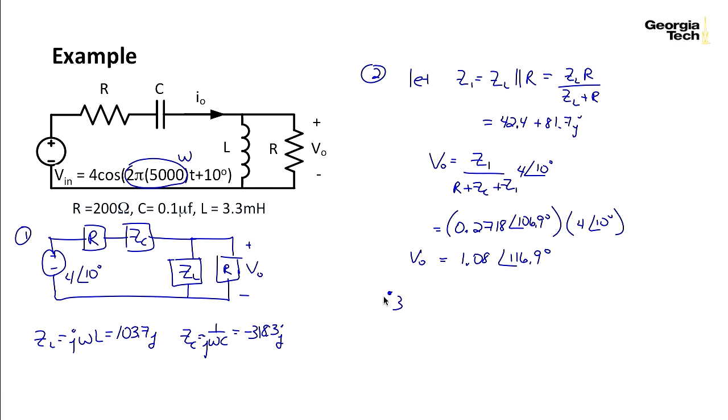The last step was to convert this back to the time domain. So V out of t is equal to 1.08 cosine, with the same omega as before, 2 pi times 5,000 t, and now the angle is 116.9. And that's my final solution.